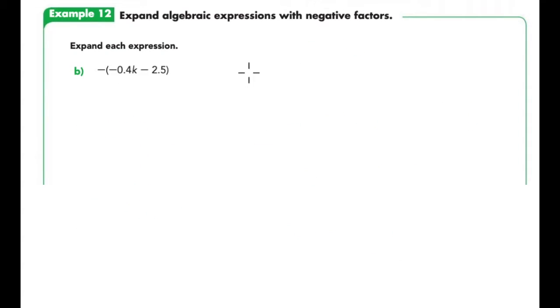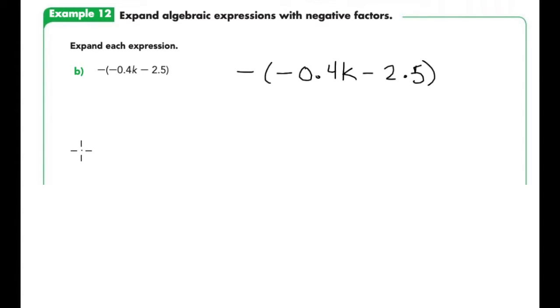For example B here, we notice that there's a negative sign outside of the parentheses. And there's two things that this could mean. Earlier in the year, we looked at another way of reading a negative as the opposite of. So I could read this as the opposite of the difference of negative 4/10 k and 2 5/10.